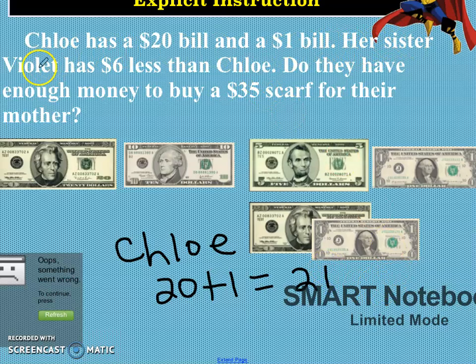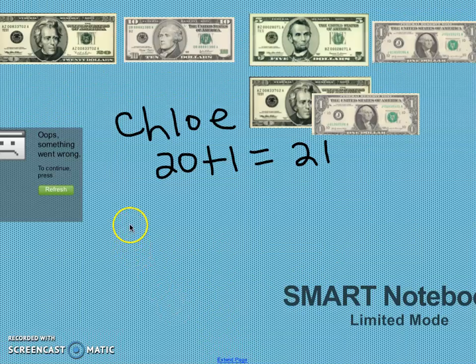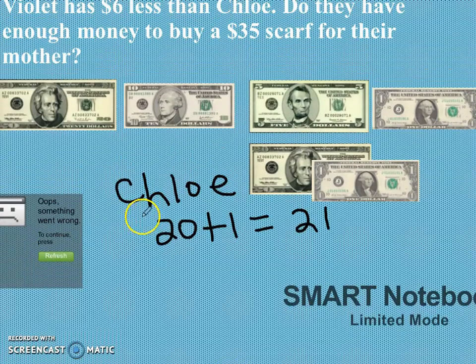Her sister Violet has $6 less than Chloe. So let's write Violet's name. Violet has $6 less than Chloe.